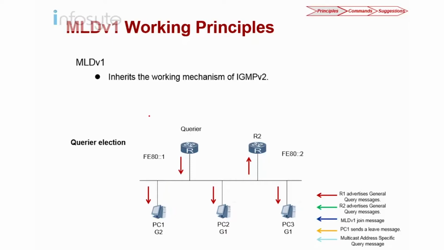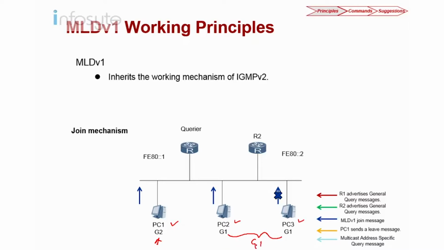Next, you can see we have three hosts, PC1, PC2 and PC3. PC1 wants to join group 2, and PC2 and PC3 want to join group 1. When they send out the MLD join message, PC2 and PC3 both want to send, but when PC2 has already sent, PC3 will suppress its MLD join message since one join message is sufficient.